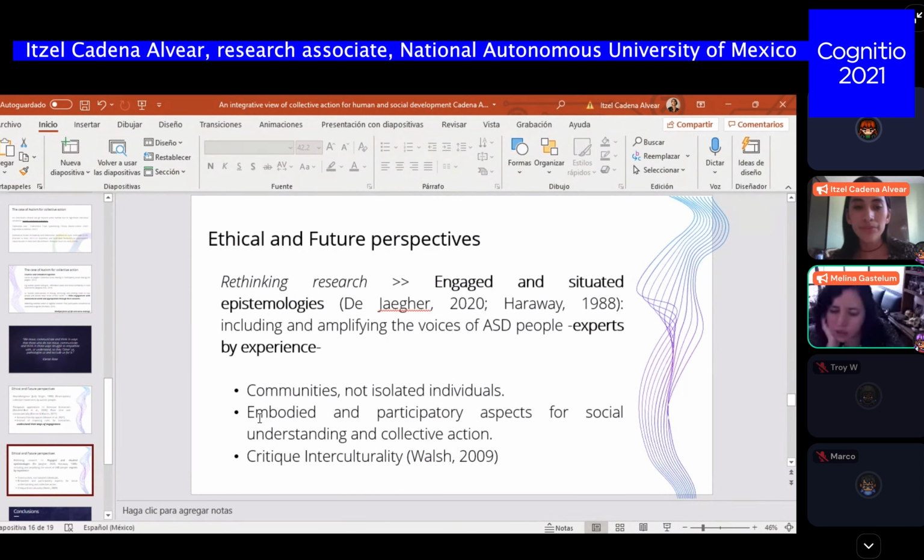Yeah, in this sense, we also think that interculturality should be treated in a horizontal way, which is proposed by Catherine Walsh, and she calls it critical interculturality, because then we can acknowledge difference and different kinds of cultures.